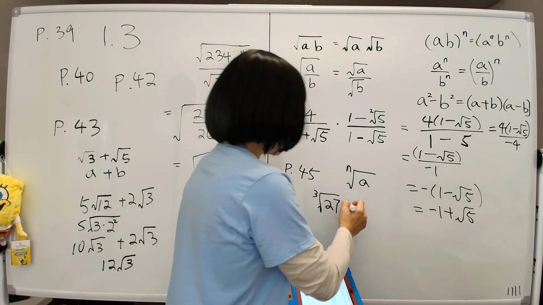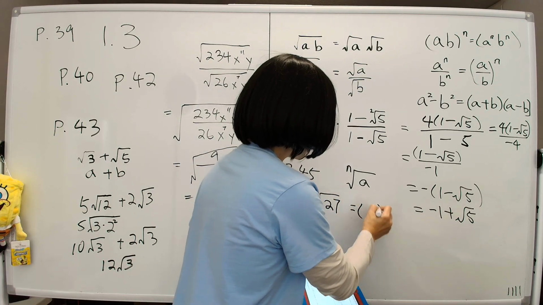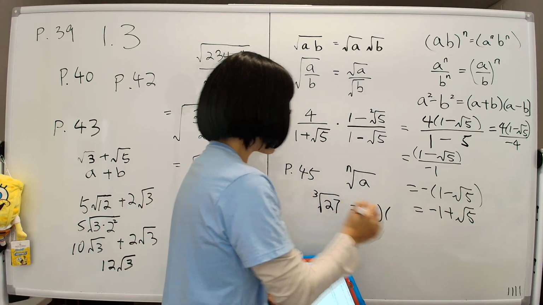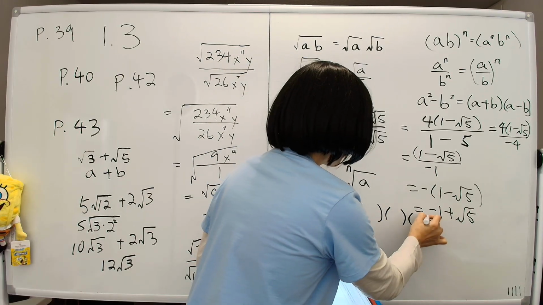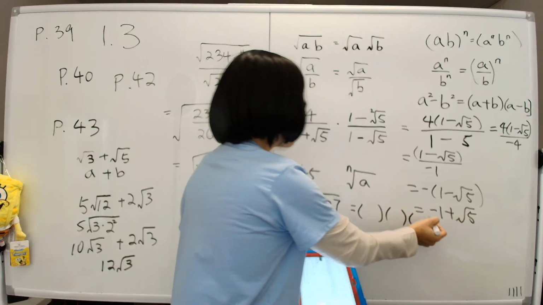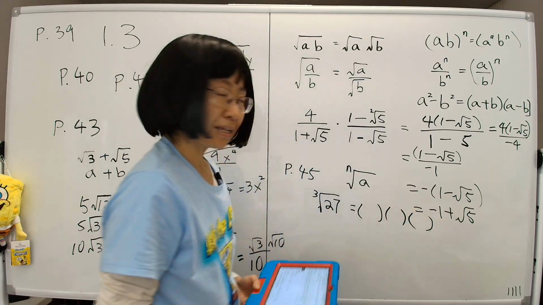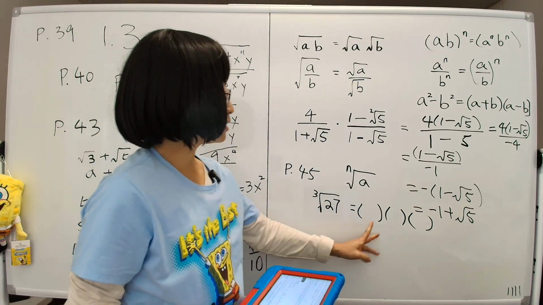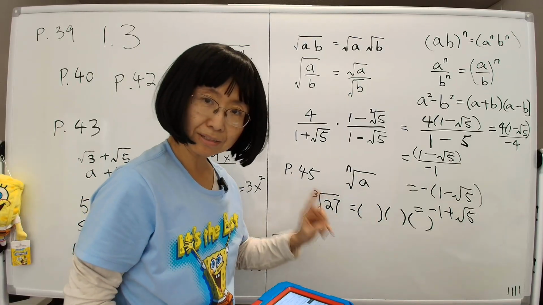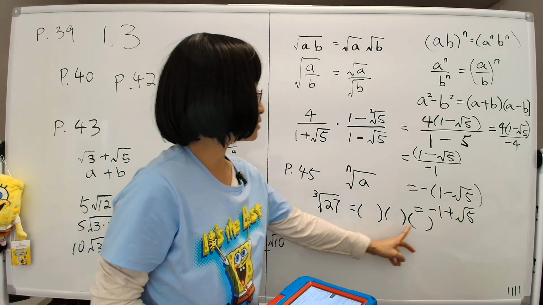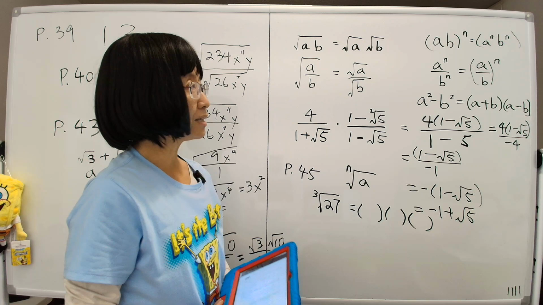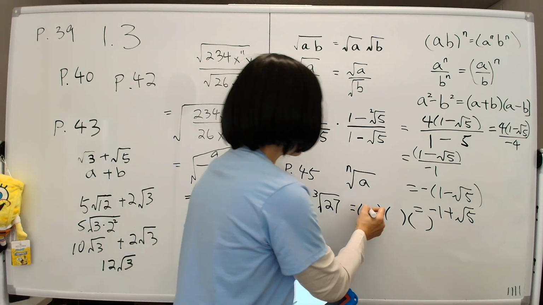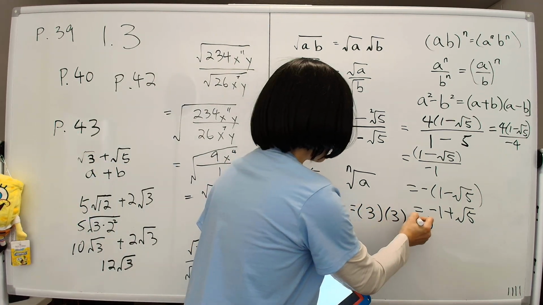What does that mean? It means that you need to think of 3 numbers that multiply themselves together to equal 27. And what might that be? 3 identical numbers. Then you think about it, and eventually you will come up with the answer.